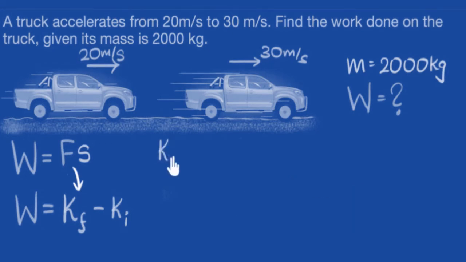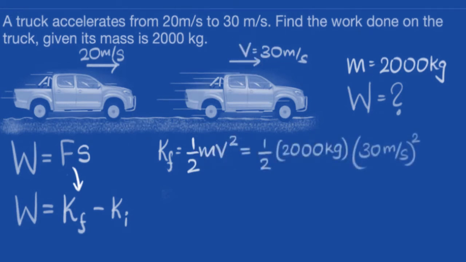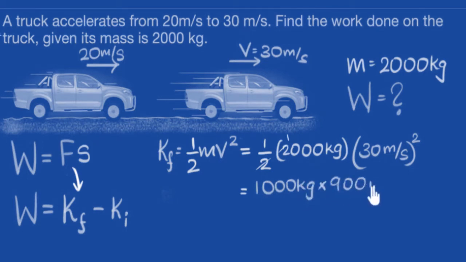All right, let's do it. What is the final kinetic energy of our truck? That's going to be half m times the final velocity squared. So we can now plug in these values. If we simplify it, the 2 goes into the 2,000, so we get 1,000 kilograms, and 30 squared is 900, so we get 1,000 kilograms times 900 meters squared per second squared.